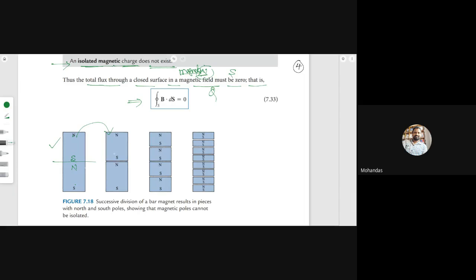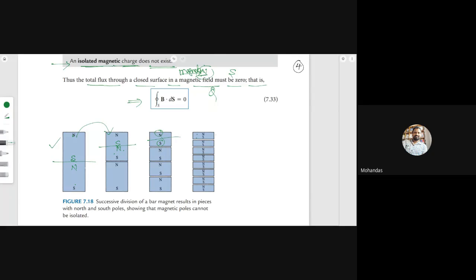Again, if you cut this magnet into two pieces, again there is a formation of north and south pole. Likewise, if you cut this one also, you will get north and south pole. That means you cannot separate magnetic charge. So indirectly you can say monopole does not exist in a magnetic field, unlike an electric field.